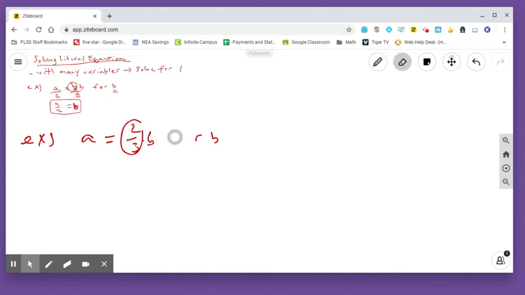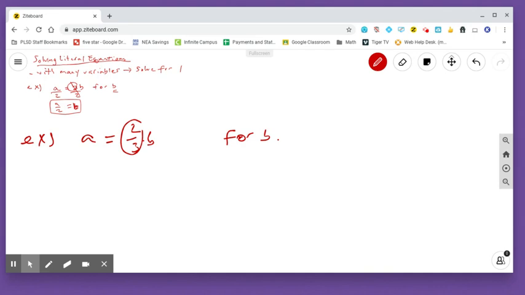Let me move that out of the way because I'm going to use some more space here. I'm trying to get rid of that 2/3. Now, if you remember this word reciprocal, and if you do remember that it's just a flip of something, if you multiply something times its reciprocal, you get 1.